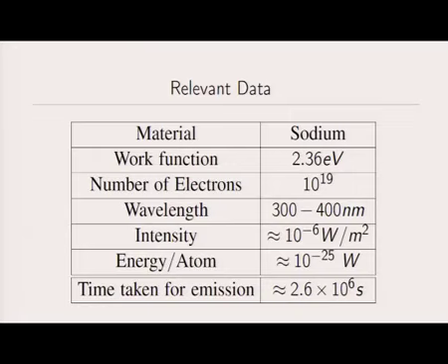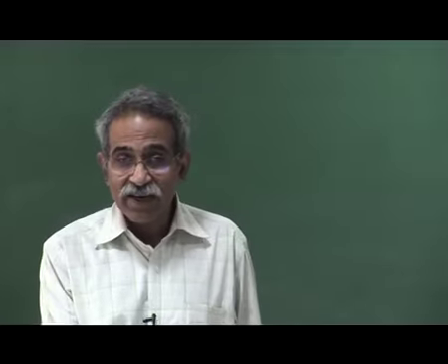Work function is 2.36 electron volt. Density is 10 to the power of 19. Wavelength is 300 to 400 nanometer. I am giving you the intensity, 10 to the power of minus 6 watts per meter squared. All these are the numbers employed in the experiment, and the time taken will be 2.6 into 10 to the power of 6 seconds. How much is 2.6 into 10 to the power of 6 seconds?